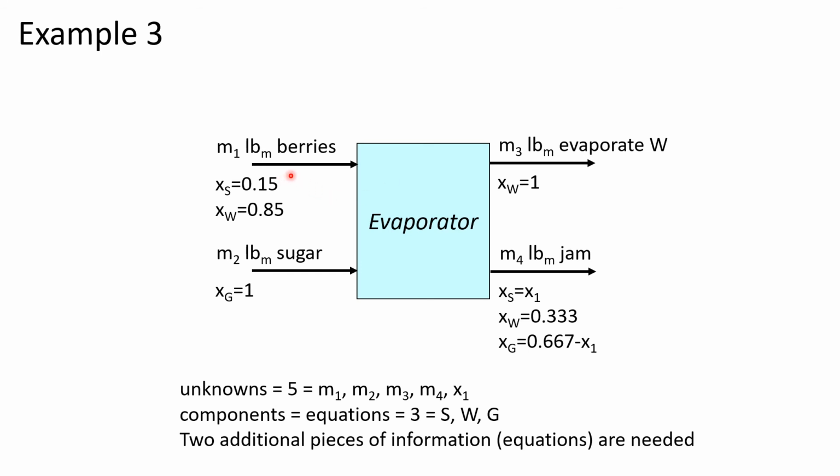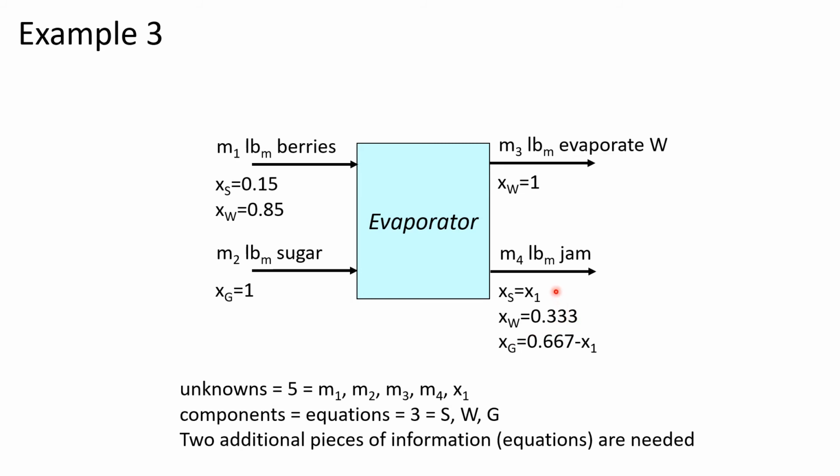None were specified in the problem statement. Below the arrows for each stream are the composition data that we know. For the berries, we know it's 15% solids, so the mass fraction of solids is 0.15. The balance is water. The sugar is pure sugar. There's no solids or water in it, so the mass fraction of sugar is 1. The water we evaporate is pure water. The mass fraction of water is 1. And then we look at the jam. We're told it's 33 point 3, or a third, by weight water, so the mass fraction of water is 0.333.